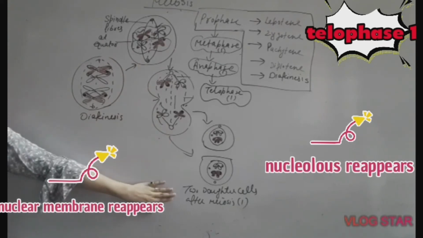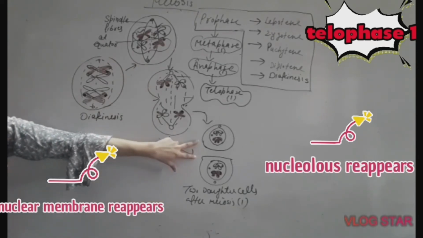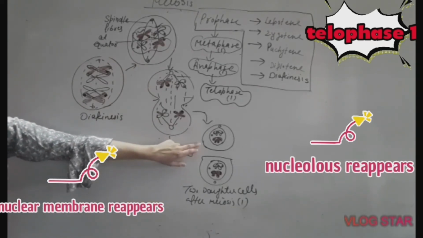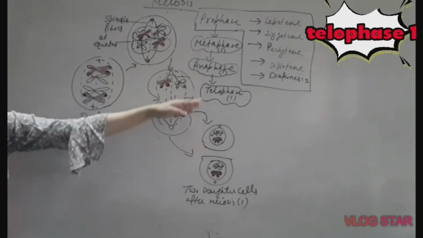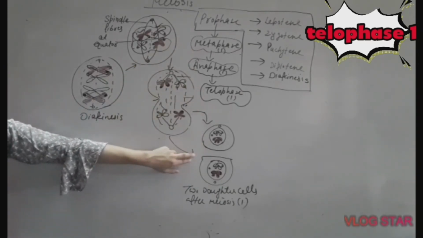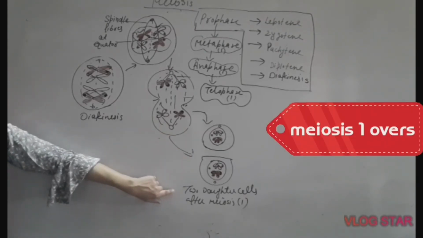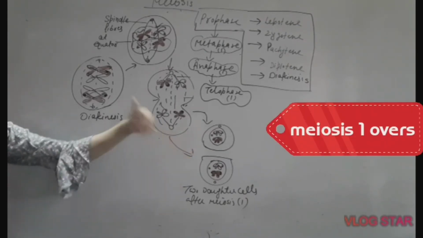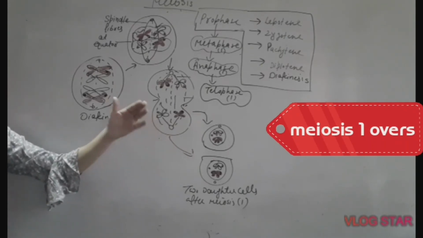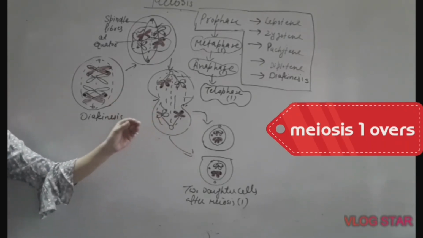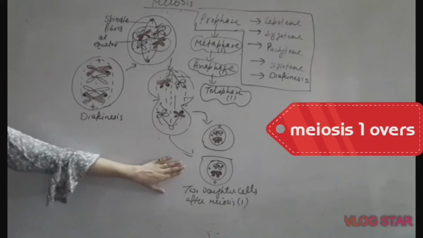This is meiosis 1. After meiosis 1 has taken place, these two cells will go through these same phases again and will result in the formation of 4 daughter cells. But meiosis 1 is the actual reductional division. When these cells go through the next division, meiosis 2, that is equivalent to mitosis. How is this a reductional division?